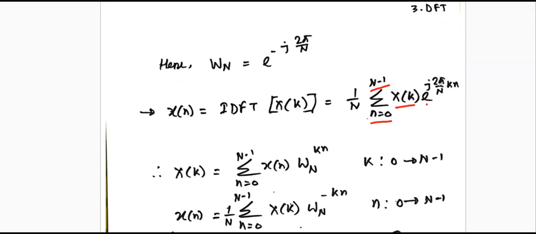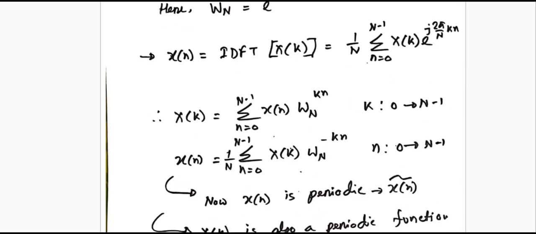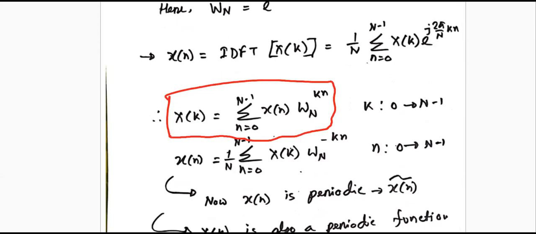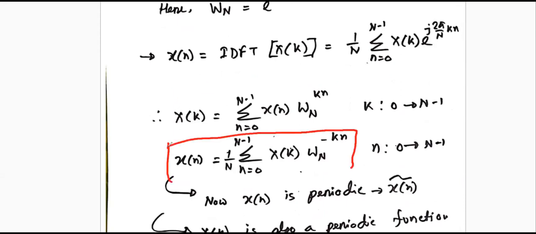I believe each and every part is known to you. And we need to make an average of this. That's why this is 1 over n. So that is the inverse discrete Fourier transform. So we can write it very easily that this is our discrete Fourier transform, and this is the inverse discrete Fourier transform.